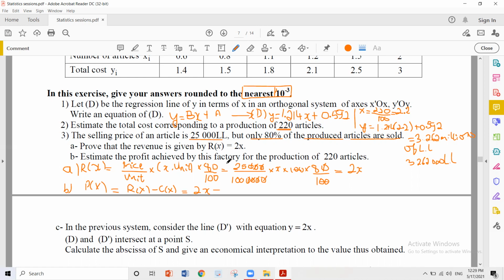Yala sabaya, what is C(x)? Is 1.214x plus 0.592.